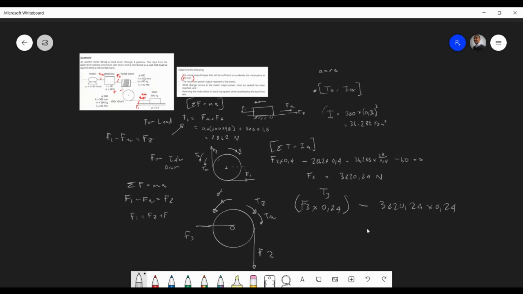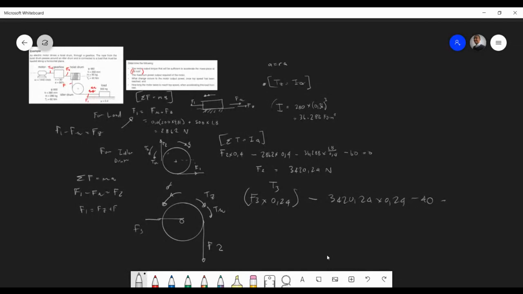By the way, guys, this is my second favorite section of this particular subject. First is mass moment, like the shapes and stuff. Nevertheless, we've got a frictional torque of minus 40, and we still have to find the inertial torque as well. And for the drum, the hoist drum, it's going to be 90 times gyration of 0.2 squared.